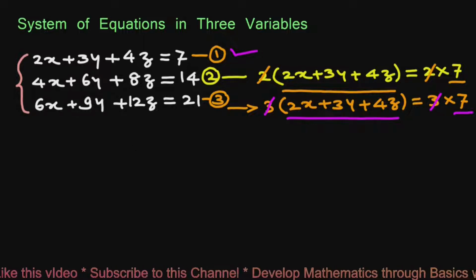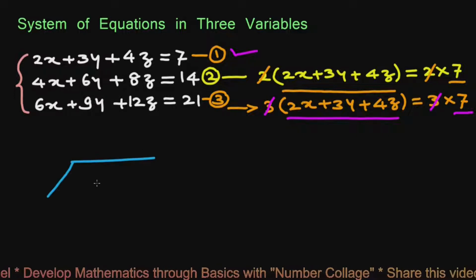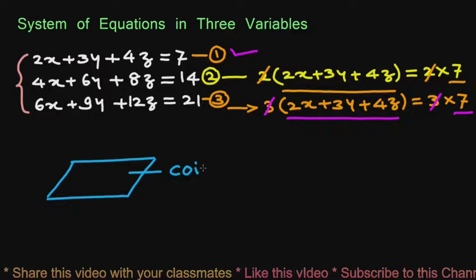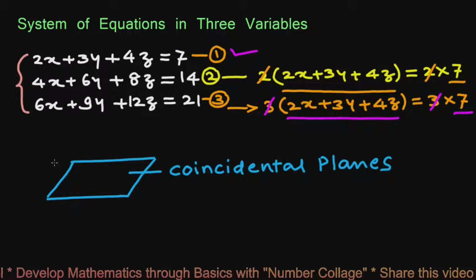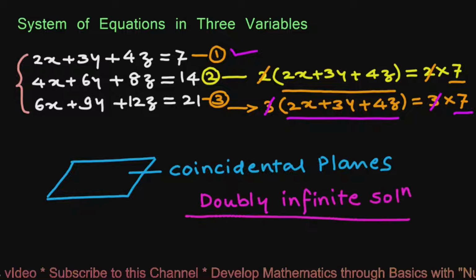So geometrically it means these three equations represent three coincidental planes, and the system of equations has doubly infinite solutions.